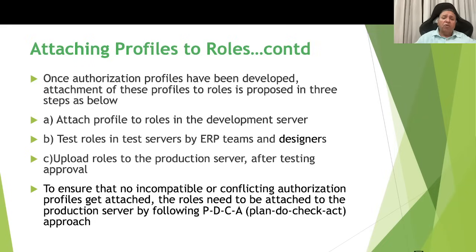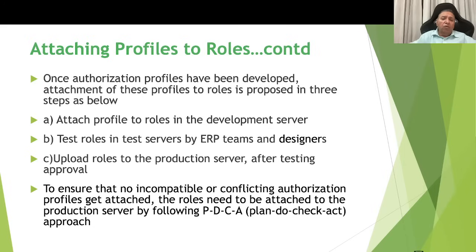Otherwise, in case we don't do this development and testing, it is possible that some of the profiles, some of the roles may not even work, so the business will not be able to do the activity planned for that. Therefore, before transferring these developed and tested roles into the final actual construction server or production server, these two prior steps A and B are very important.